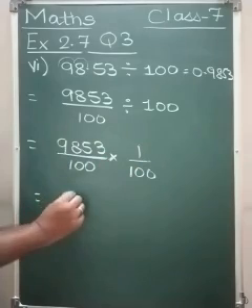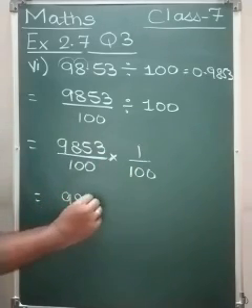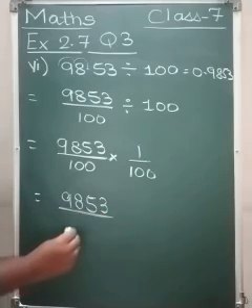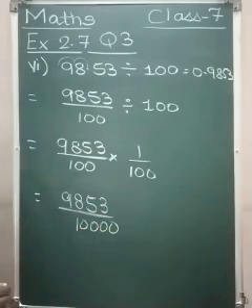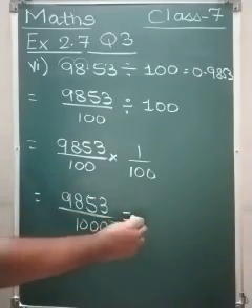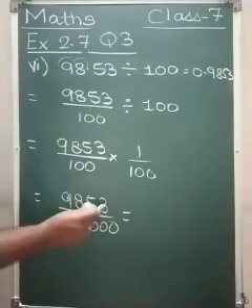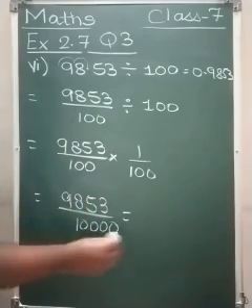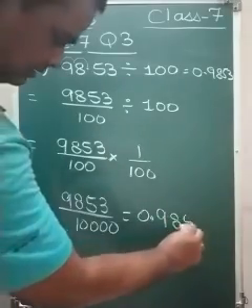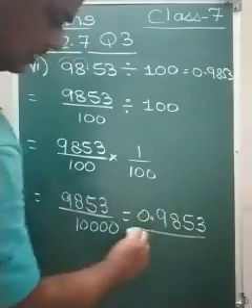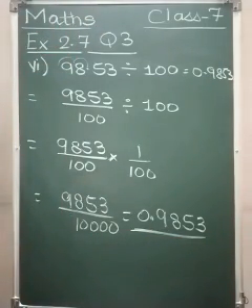So this equals 9853 upon 10,000. Okay, so this equals 1, 2, 3, 4. So the answer is 0.9853 and done. We have solved question number 3.